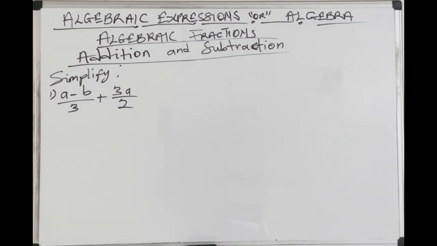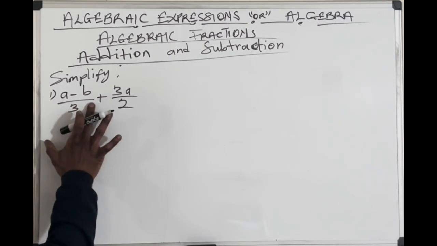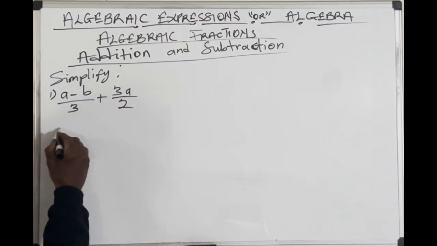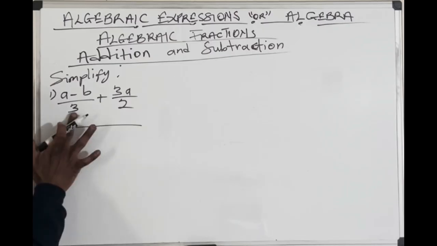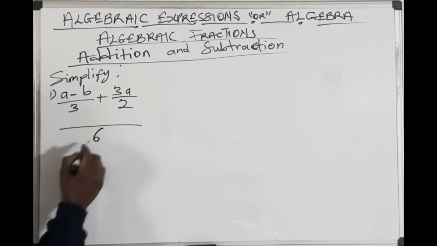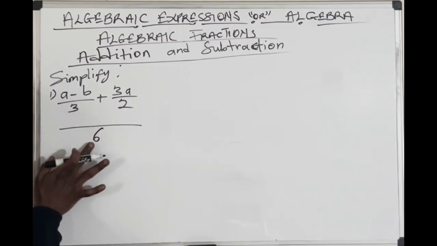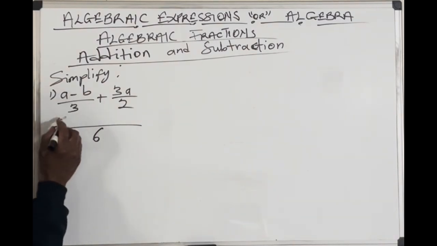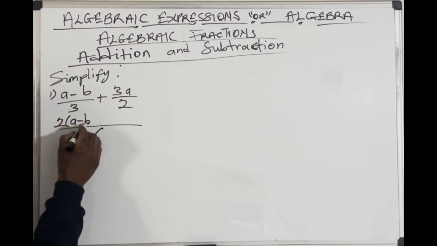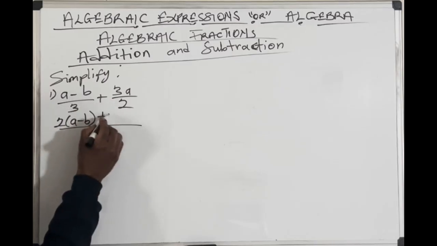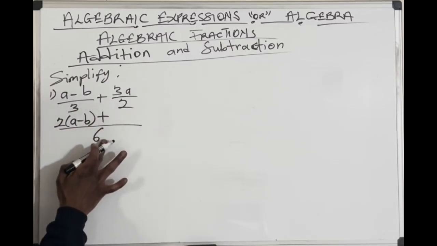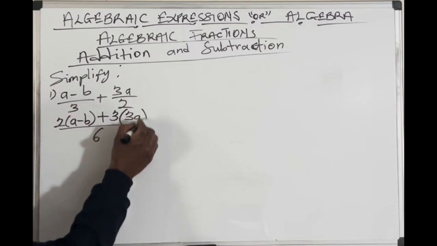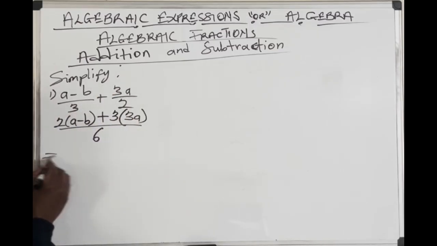So we have a minus b all over 3 plus 3a over 2. Find the LCM of 3 and 2, which is 6. 3 goes into 6 two times, so that 2 will be used to multiply a minus b. And 2 goes into 6 three times, and that will be used to multiply the 3a. Very simple.